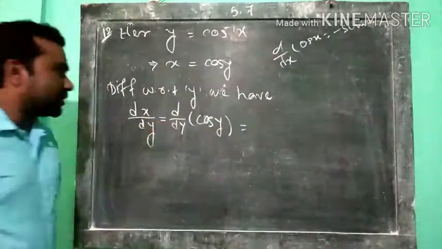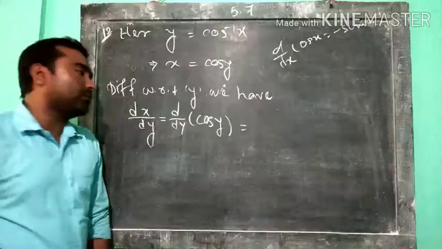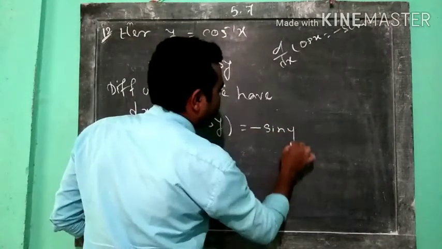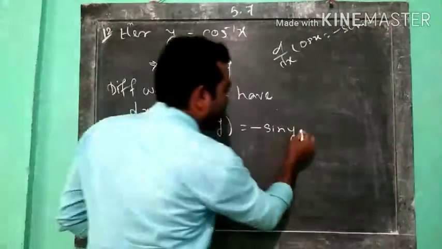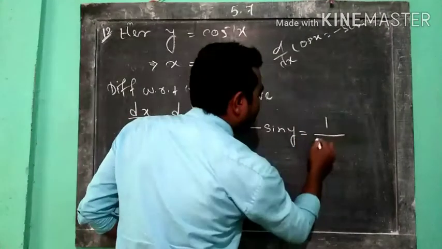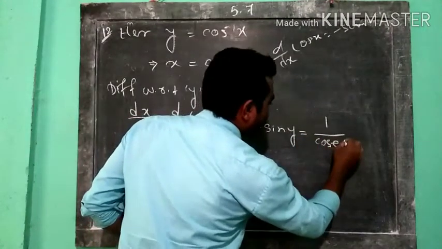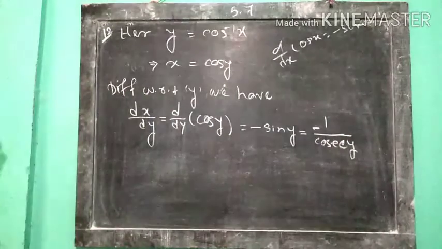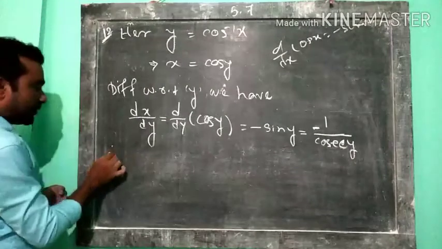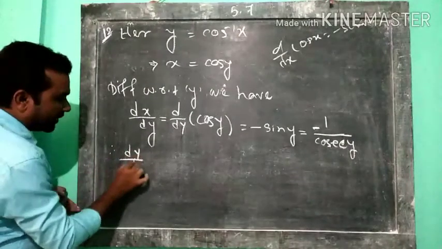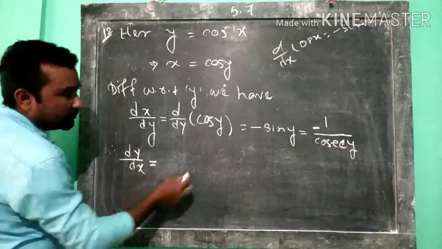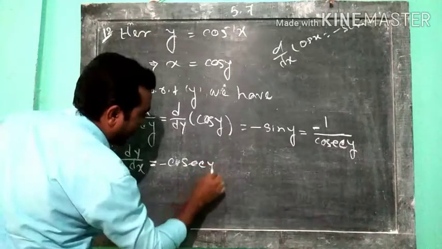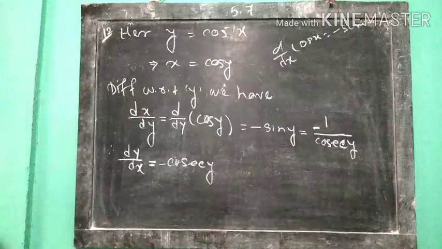So dx/dy equals minus sin of y. So sin y can be written as 1 by cosec y, with a minus sign. Therefore we have dy/dx equals minus cosec y.